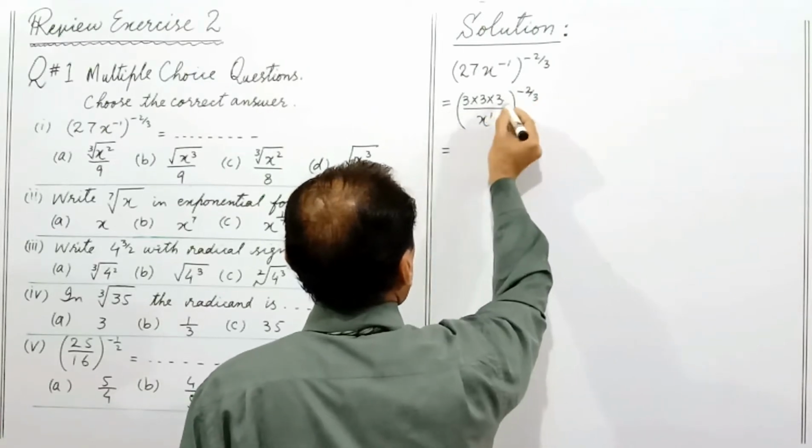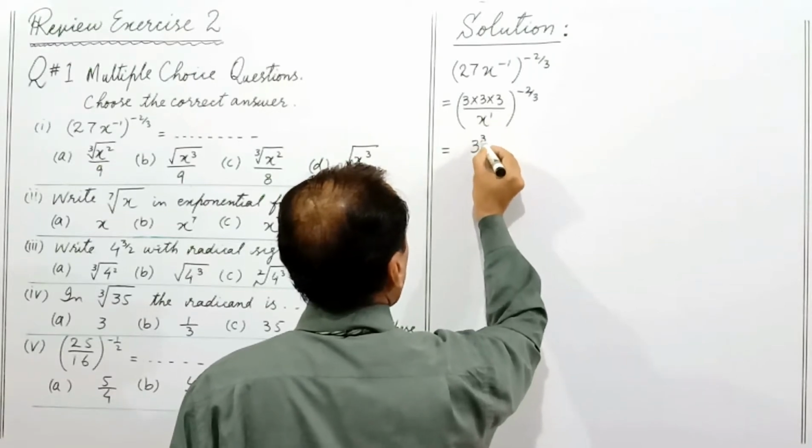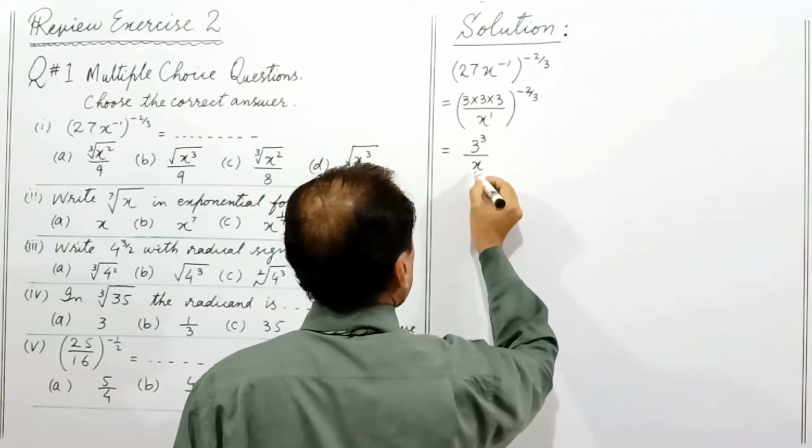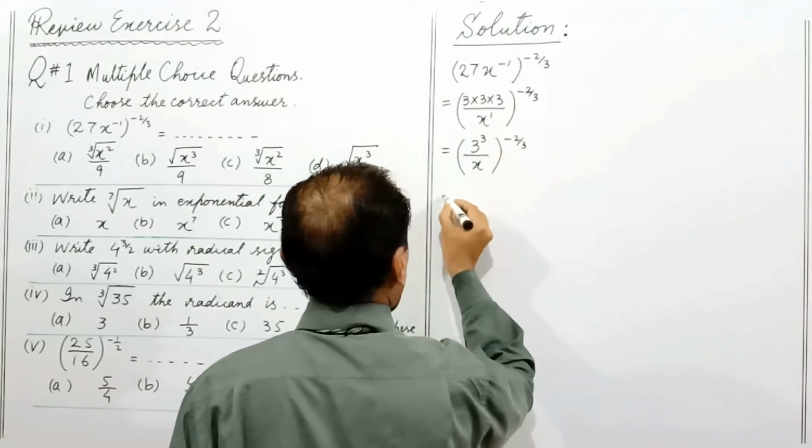In the next step, we apply the law of sum of powers, it becomes (3^3 x)^(-2/3).